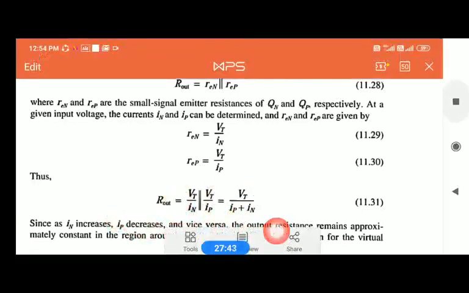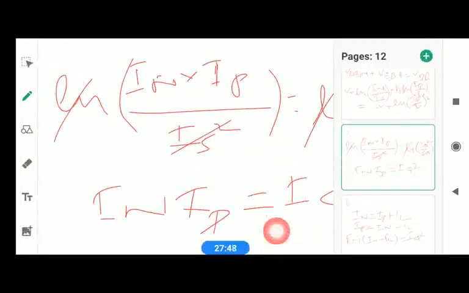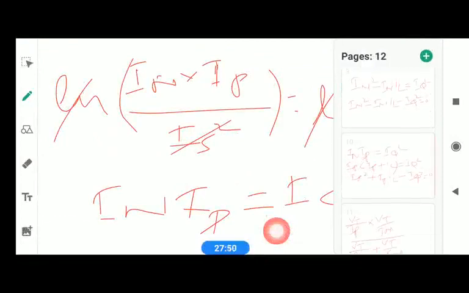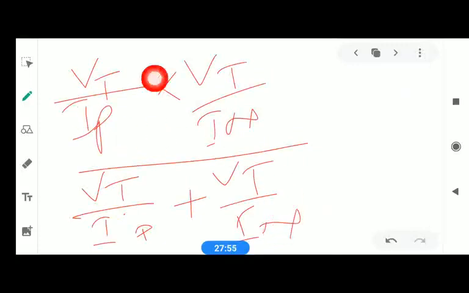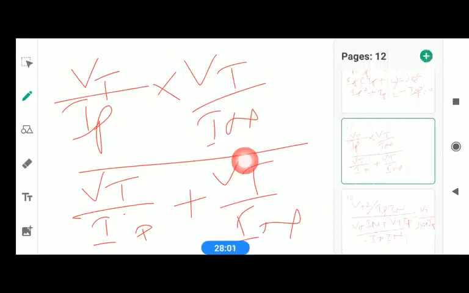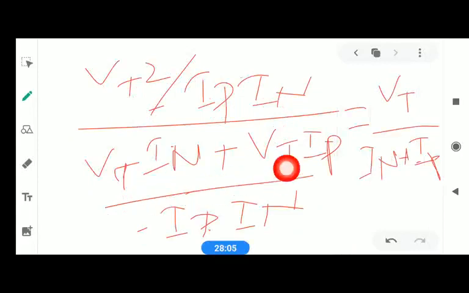So if you calculate, you get VT square divided by IP into IN, then you take the LCM below, which is IP into IN into VT. One VT gets cancelled, this VT remains, and IP into IN gets cancelled.